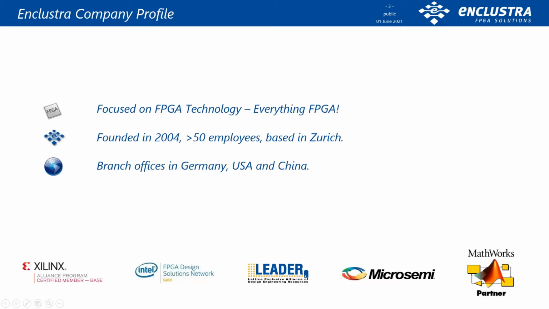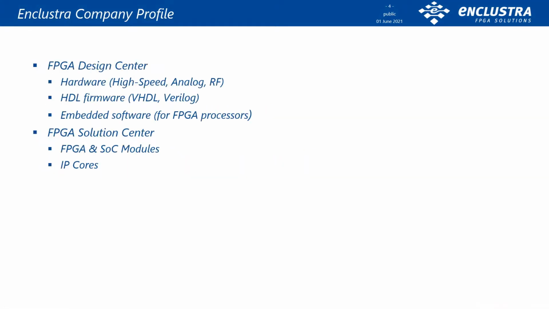So what is Enclustra? We're an FPGA design house with a bit more than 50 employees, with our headquarters in Zurich, but with branch offices in Germany, the USA, and China. We are interested in all aspects of FPGA technology, from the hardware to the HDL firmware to the embedded software.